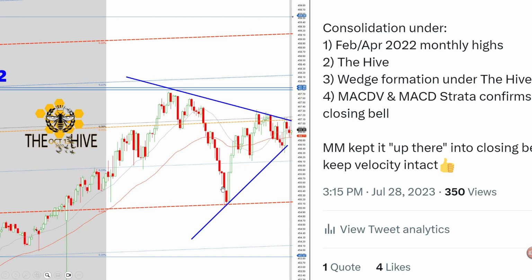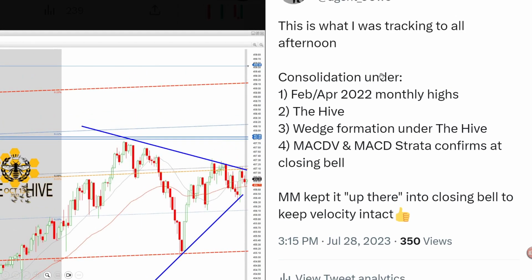You guys know me, I track major lines. I don't really see a wedge. Well, this could be considered over it, but the April and February monthly highs right here of 2022 override this major channel line. You know what I mean? This is under major bars. Okay, so there we go. Consolidation under the monthly highs, the hive.